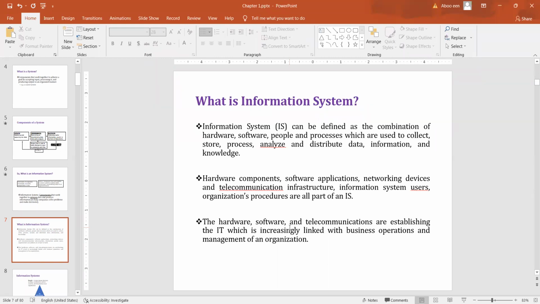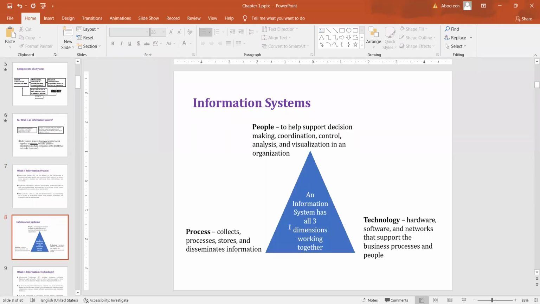Before we discuss this IT, look at this figure, this diagram. There are three components here. People in the information system help support decision making, coordination, control, analysis, and visualization in an organization.